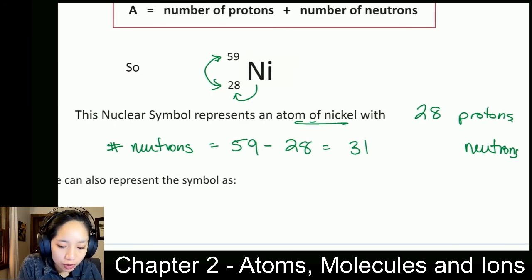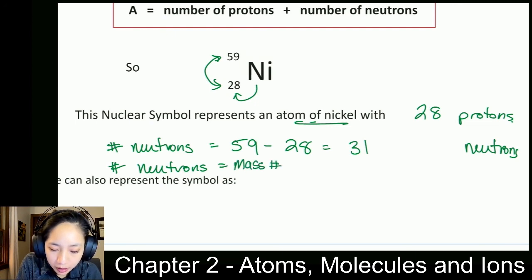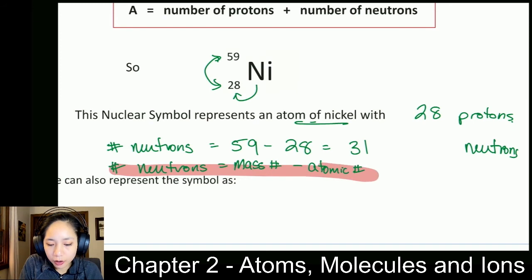So in general, the number of neutrons in any nuclear symbol is just the mass number minus the atomic number. I'll highlight that. Number of neutrons is the mass number minus the atomic number.